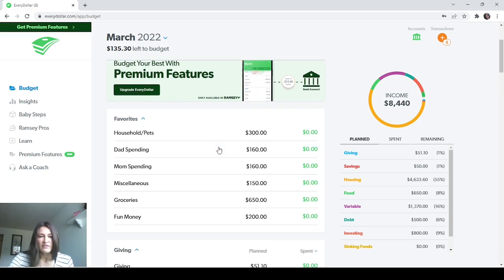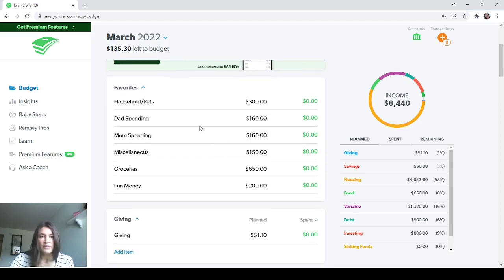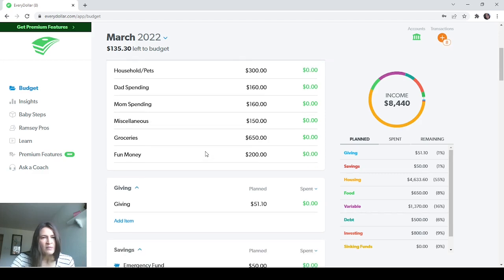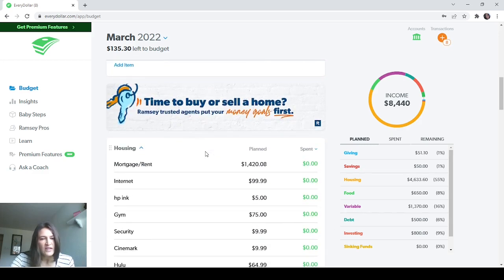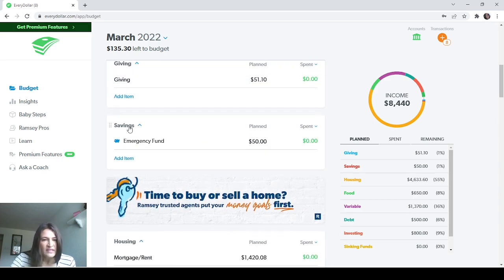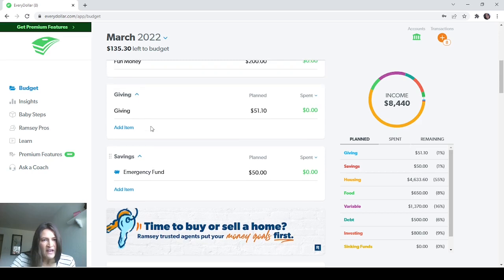I'm going to move down here. This is where our bills are, this is variable expenses. So this is under favorites. I'm just going to scroll through that because that's further down. Let's see. Okay, yeah, here's where our bills are. Now, the savings, this is where they have some of these pre-specified categories.